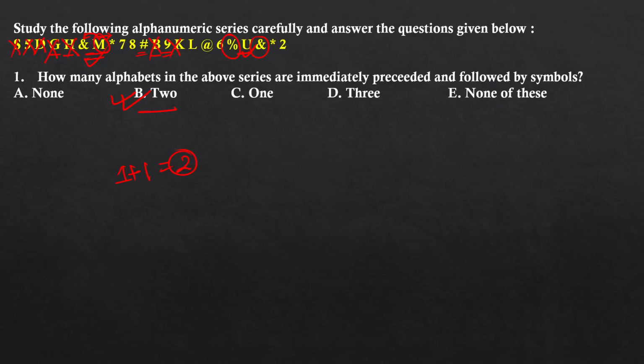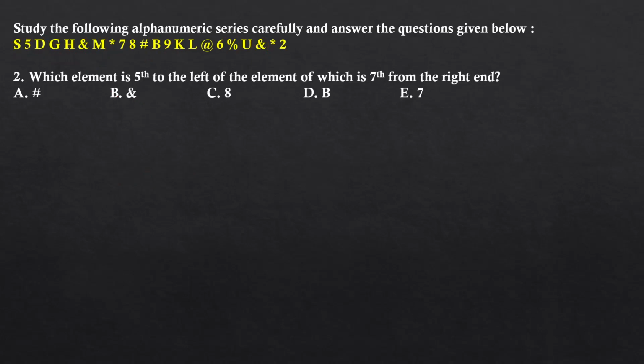Okay. Now next one. Study the following. Which element is fifth to the left of the element which is seventh from the right end? Fifth from the left, seventh from the right end. Left, right, so they are opposite, so we have to add them. That means 5 plus 7, that is 12.